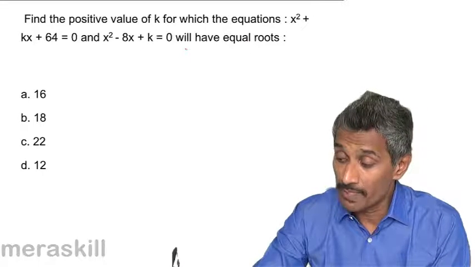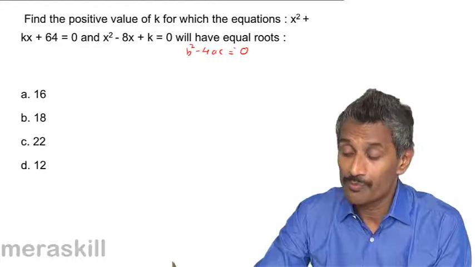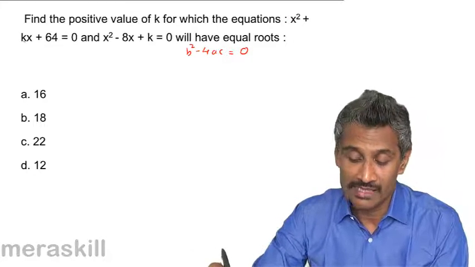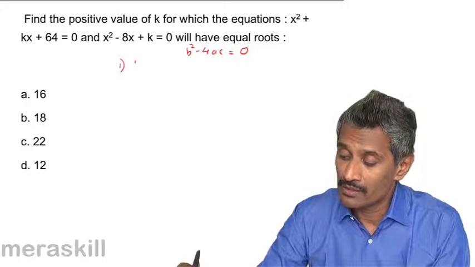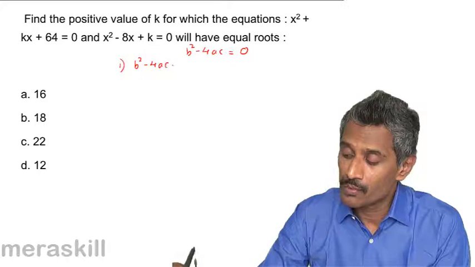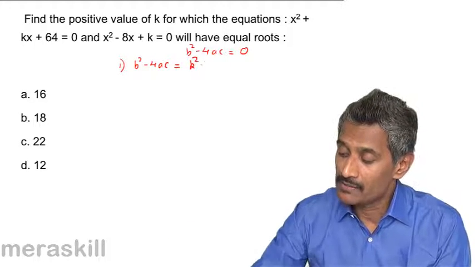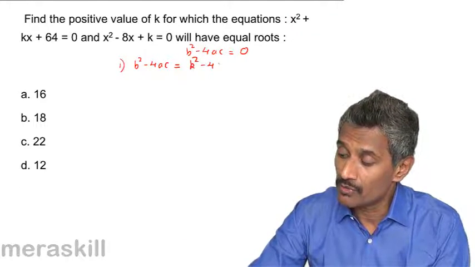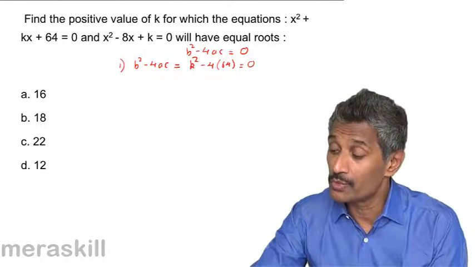Now, if the roots are equal, then b squared minus 4ac has to be equal to 0. If you look at the first equation, a is 1, b is k, and c is 64. So for equation 1, b squared minus 4ac is k squared minus 4 into 1 into 64, and this has to be equal to 0, because it's been given that the roots are equal.